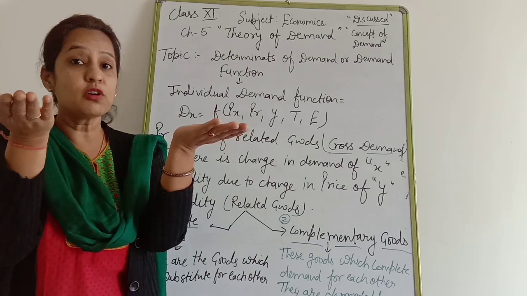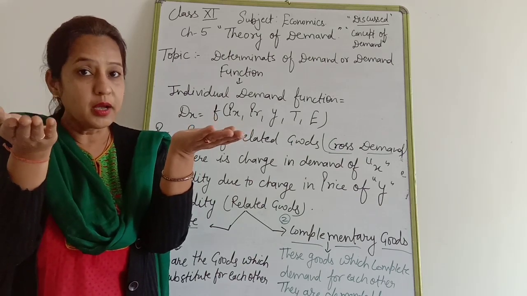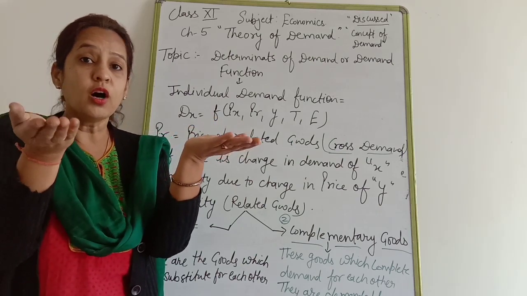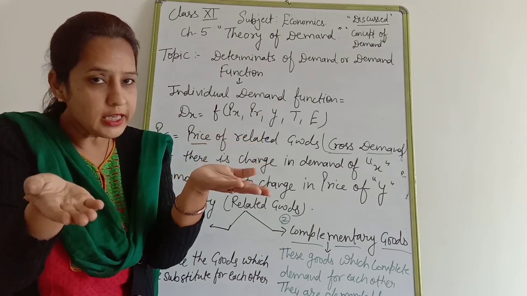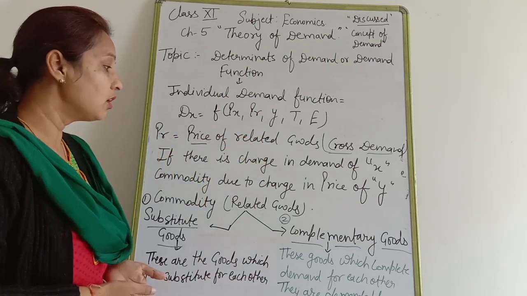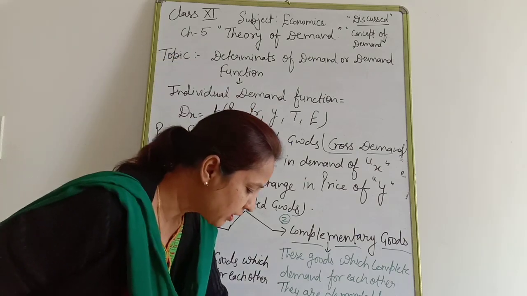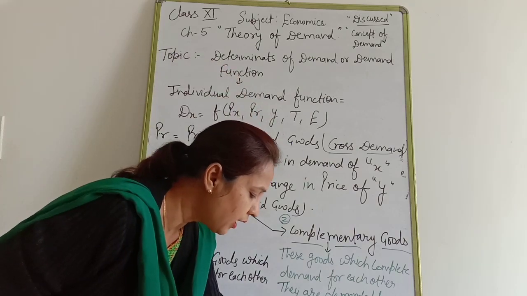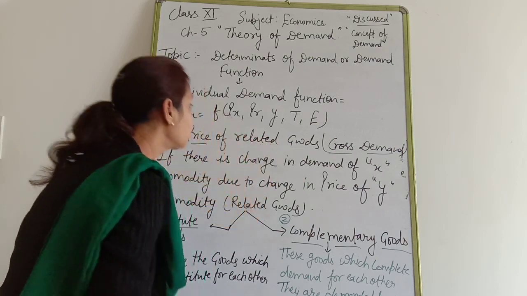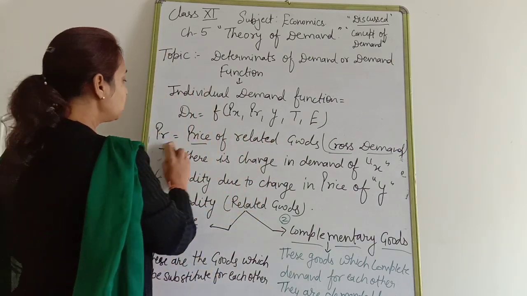Although the price of coffee is constant, still the demand of coffee will increase. That kind of goods are known as substitute goods. Clear? Now I am explaining with an example and diagram of substitute goods.